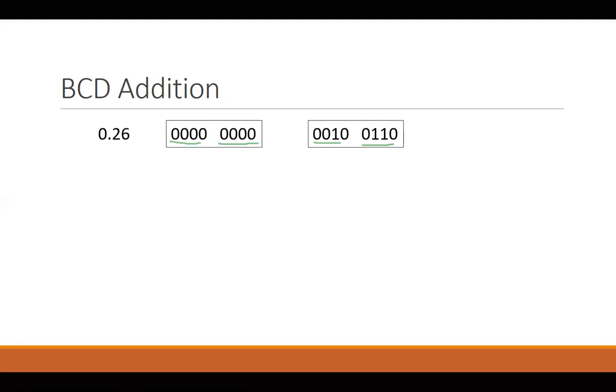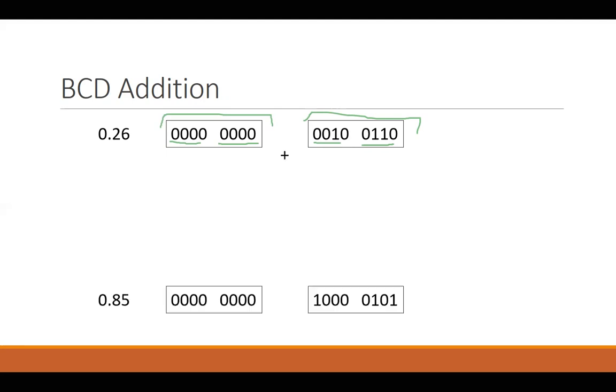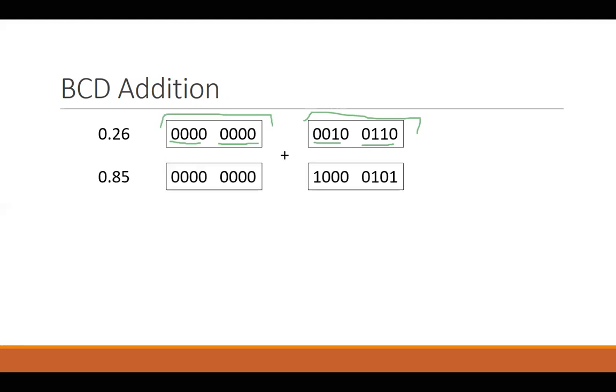We just convert the integer and the fraction separately, and we store them in separate areas. So this area is reserved for my fractional part, and this area is reserved for my integer part. Now I'm going to add this with the value 0.85. Again, the integer part is 0, so it's all zeros. And then we have 8 and 5 represented as 4 bits.